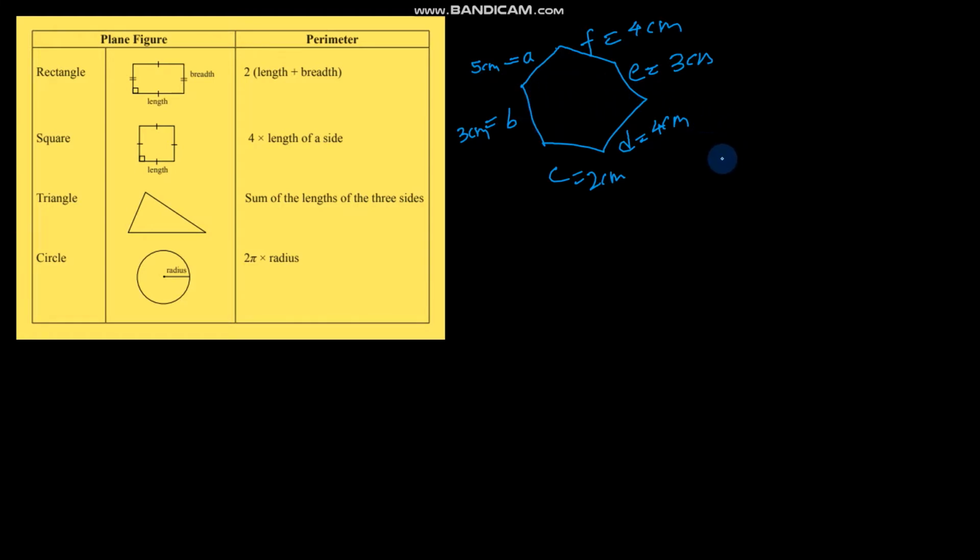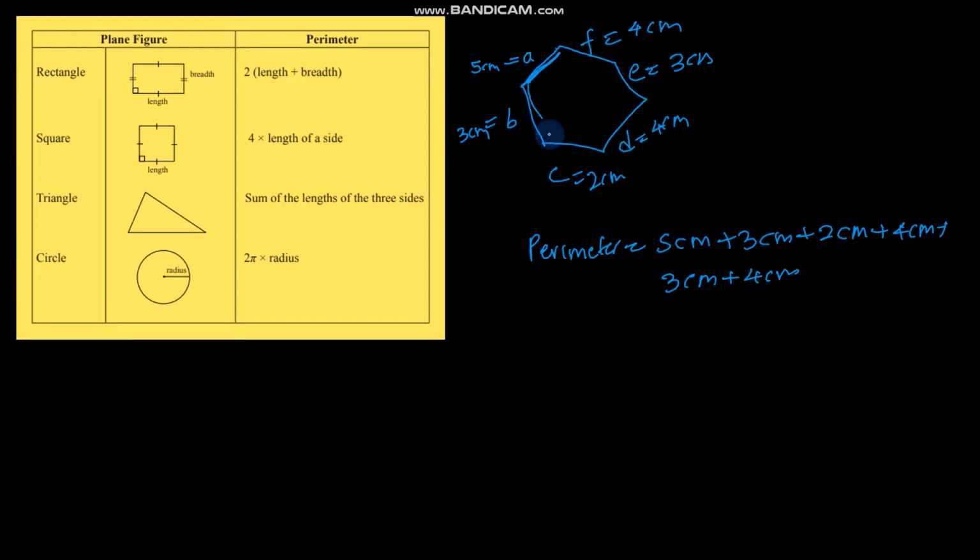As I mentioned, the perimeter is equivalent to the length of all the sides, right? So the perimeter of this shape is equivalent to 5 centimeters plus 3 centimeters plus 2 centimeters plus 4 centimeters plus 3 centimeters plus 4 centimeters. The 5 centimeters is from here to here, and 3 centimeters is from here to here. 2 centimeters is from here to here, 4 centimeters from here to here, 3 centimeters from here to here, and 4 centimeters again from here to here.